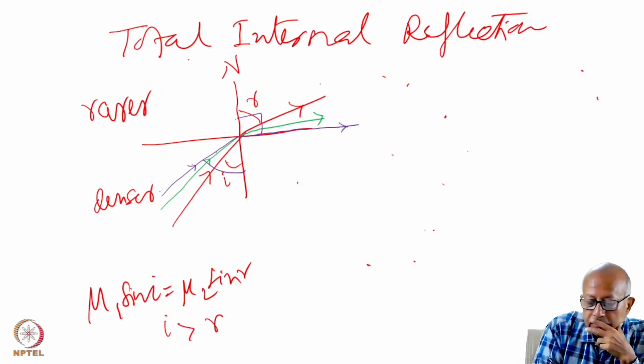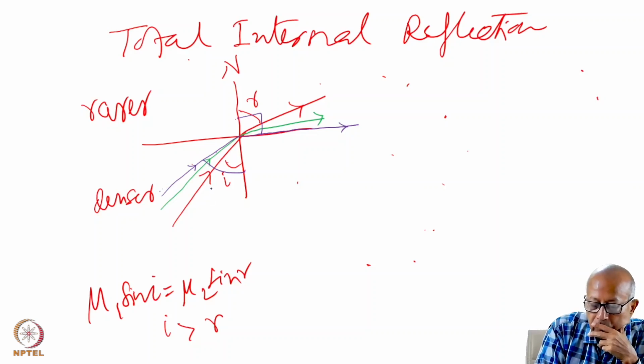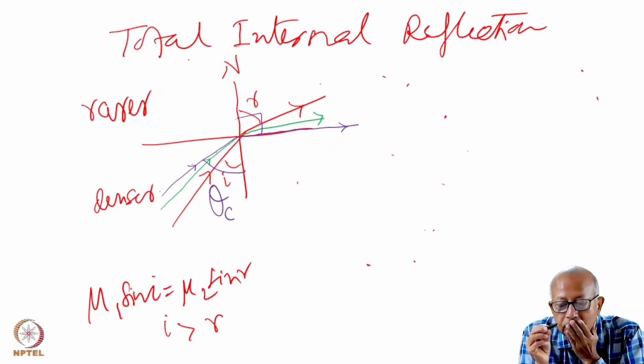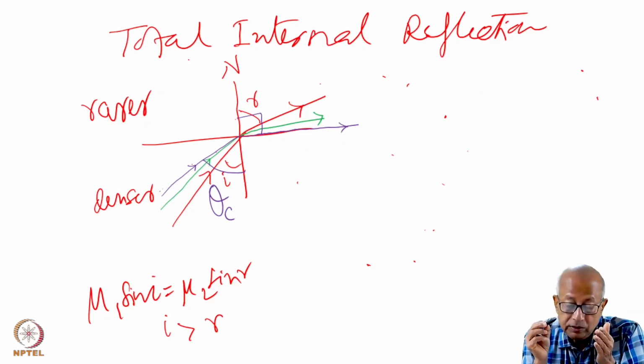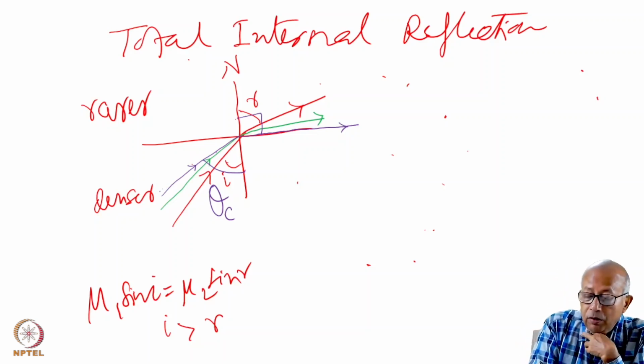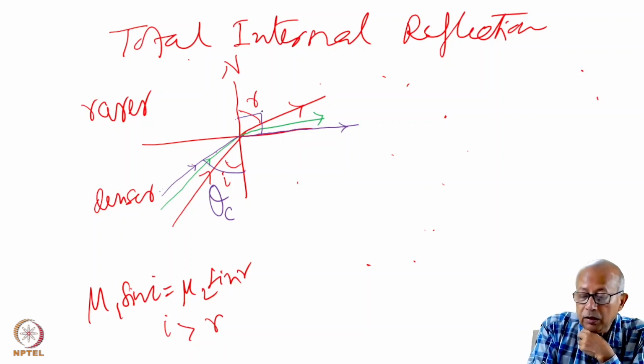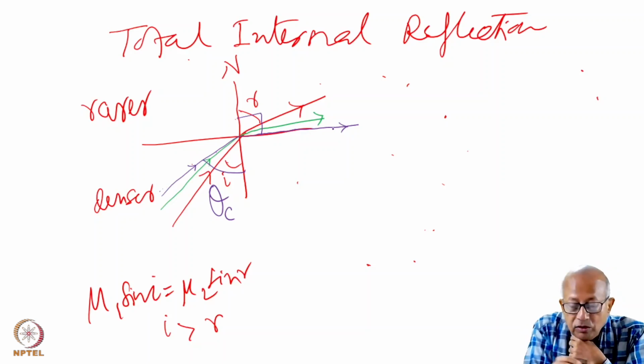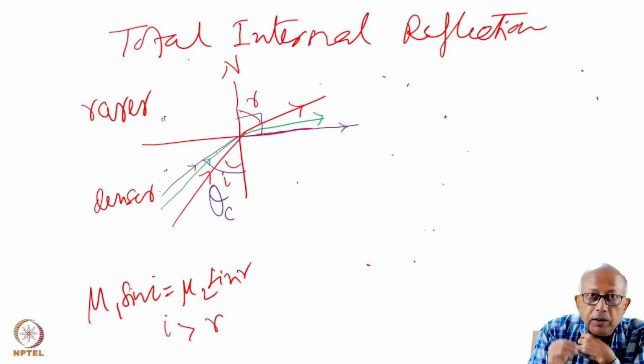This angle of incidence is actually denoted as the critical angle of incidence. It is denoted as theta c, the critical angle. This critical angle of incidence is that angle of incidence for which the angle of refraction becomes 90 degrees. Or in other words, the refracted ray grazes the interface between these two.